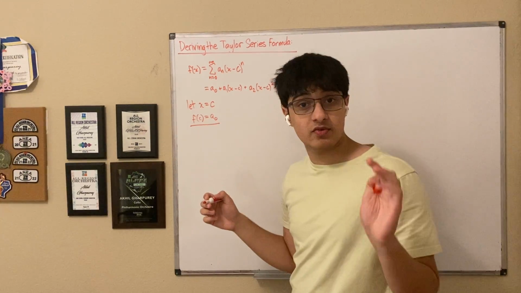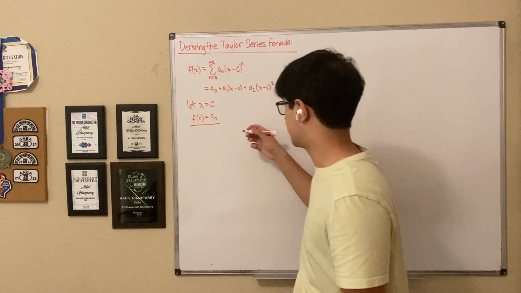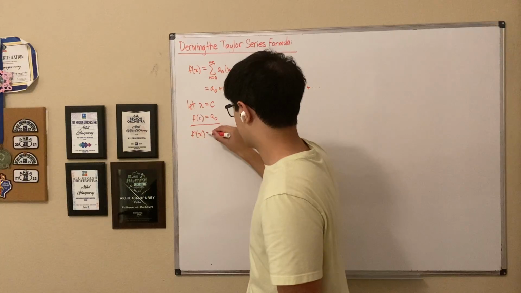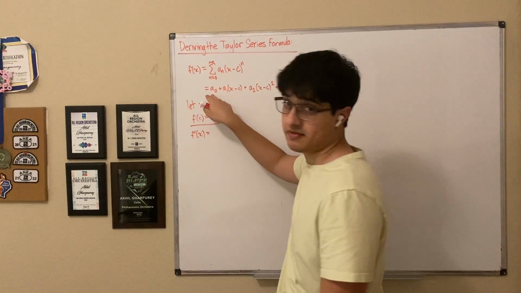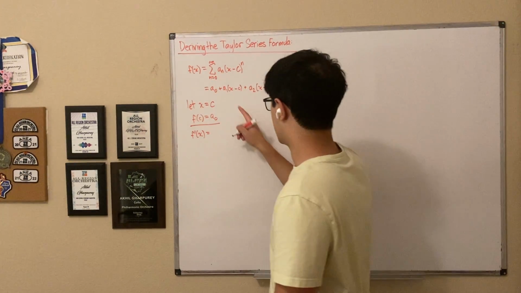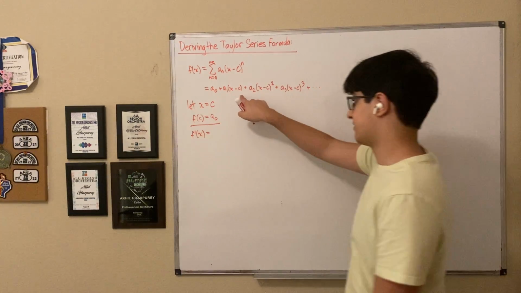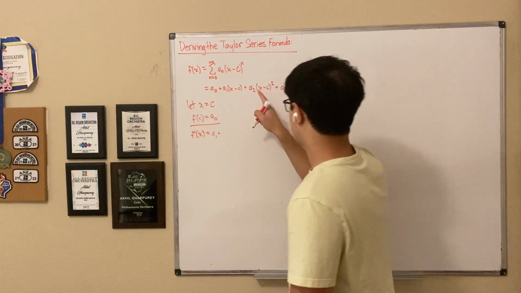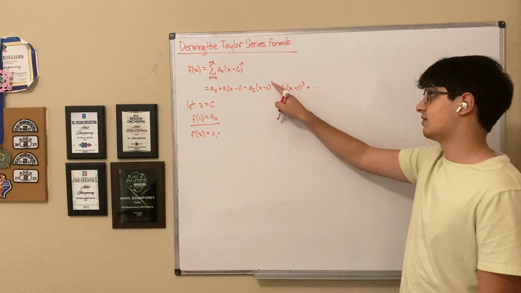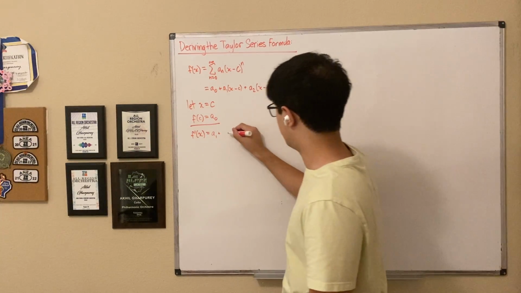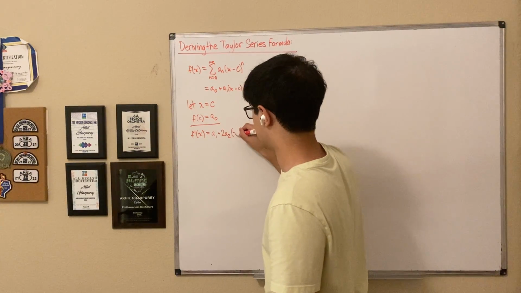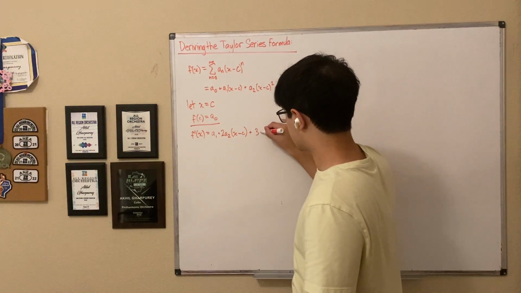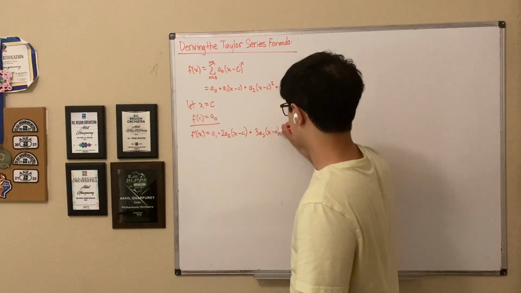Let's differentiate this infinite sum of polynomials. So f prime of x is going to be the derivative of a sub 0, which is just 0, plus a sub 1 times the derivative of x minus c, which is 1. This is going to be a sub 1 plus a sub 2 times the derivative of this, which by the power rule is 2 times a sub 2 times x minus c, plus, repeating the process, 3 a sub 3 times x minus c squared.